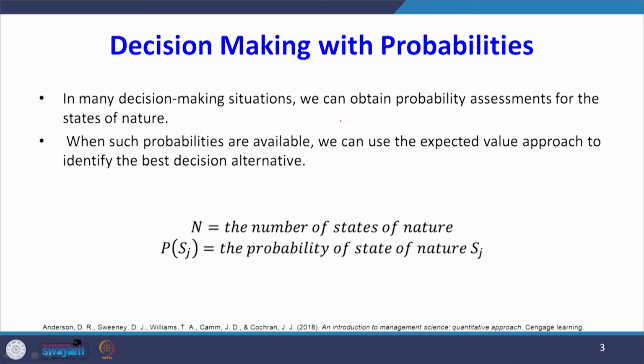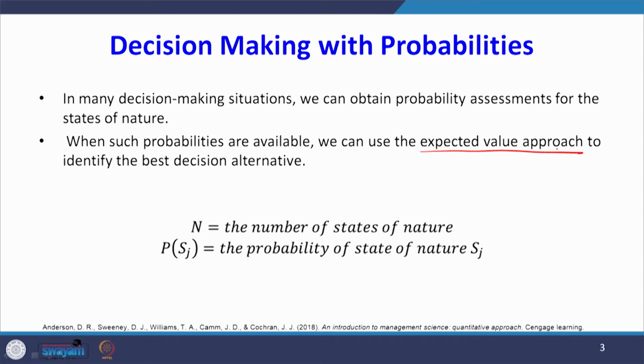In many decision making situations, we can obtain probability assessments for the states of nature. When the probabilities are available, we can use the expected value approach. You might have studied this expected value approach; it is nothing but the weighted mean value approach to identify the best decision alternative.